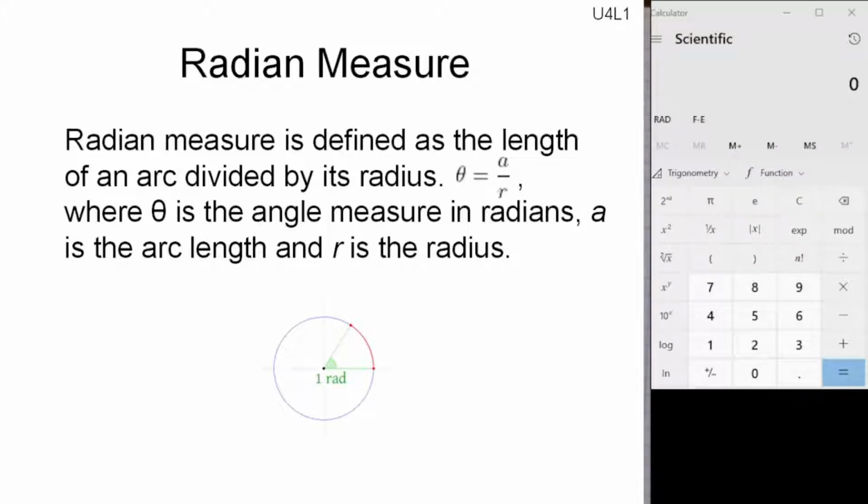If we divide that arc length by the radius of the circle, we get an angle measurement in radians. So that's how we define an angle in terms of radians. It's the arc length formed by the angle divided by the radius of the circle.